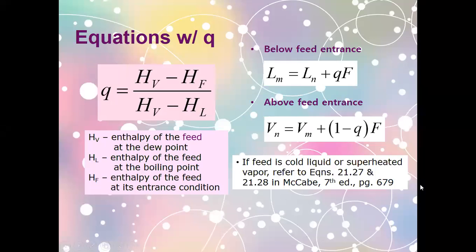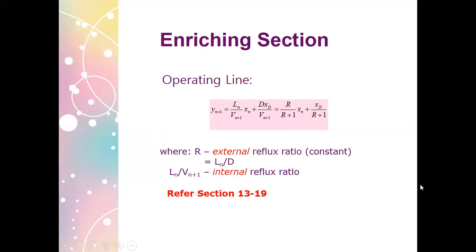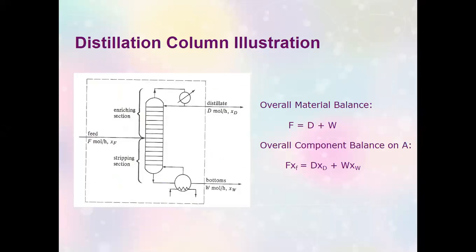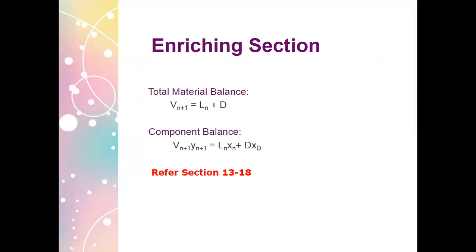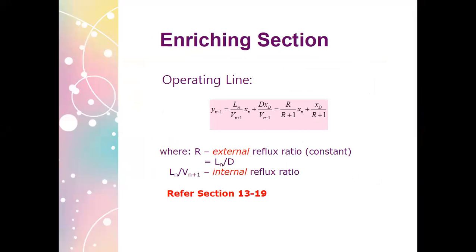So this is your feed line equation. What about your enriching section operating line? Your enriching section operating line is this: y is equal to R over R plus 1 x plus xD over R plus 1. So with the R known and the xD known, your x and y relationship can be represented by this particular line.